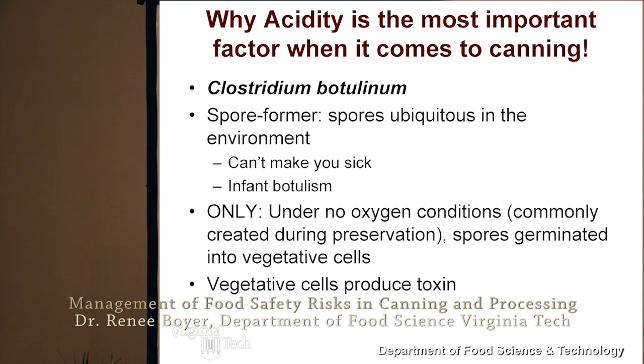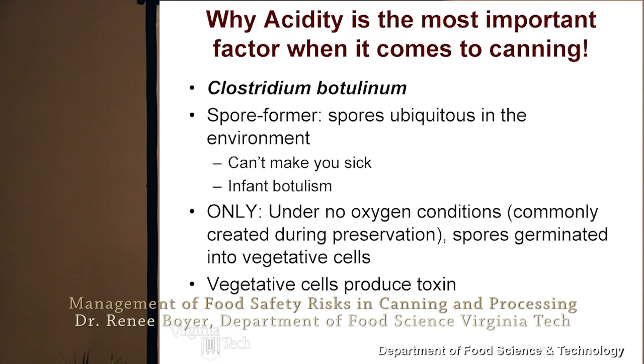But babies under 1 year old have a gastrointestinal system that has not developed enough to handle the spores they ingest. Their stomach's not quite as acidic. If that spore comes under conditions that are perfect for it, it breaks open and grows into a vegetative cell, which can then multiply.